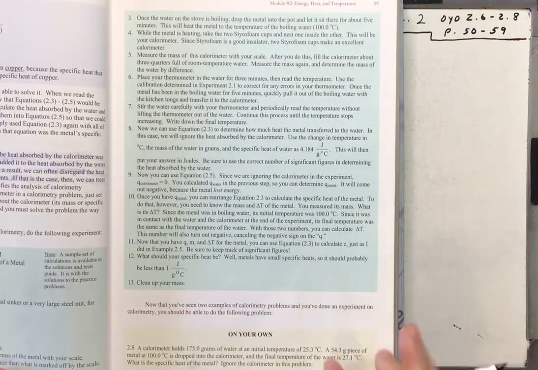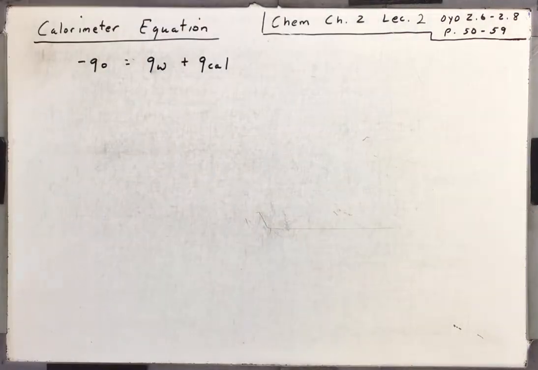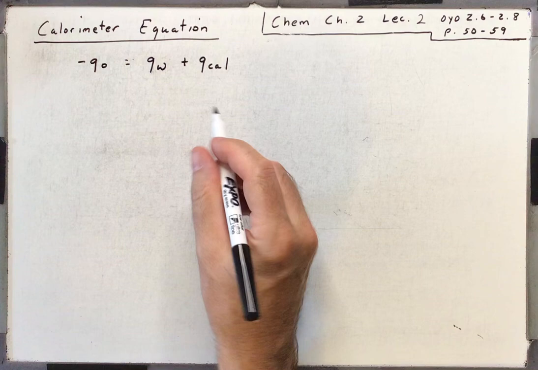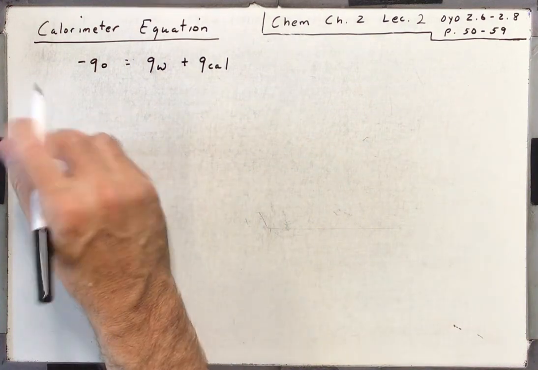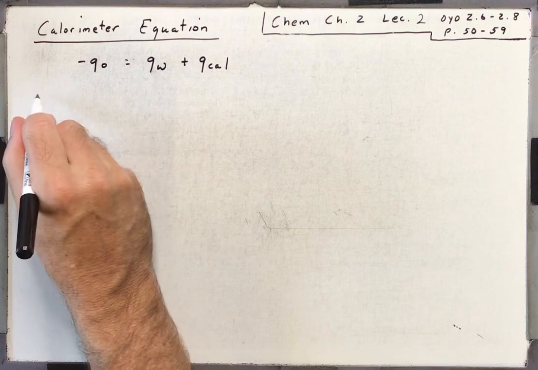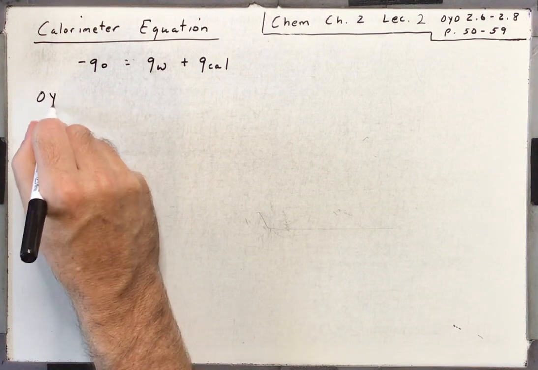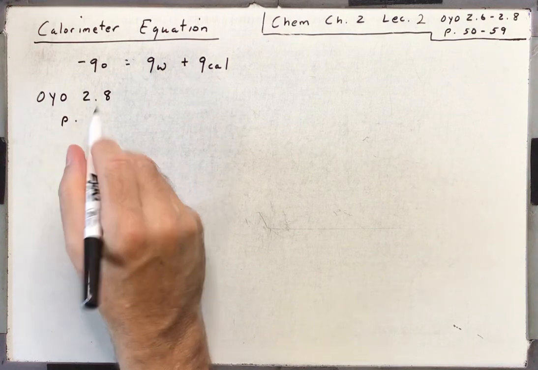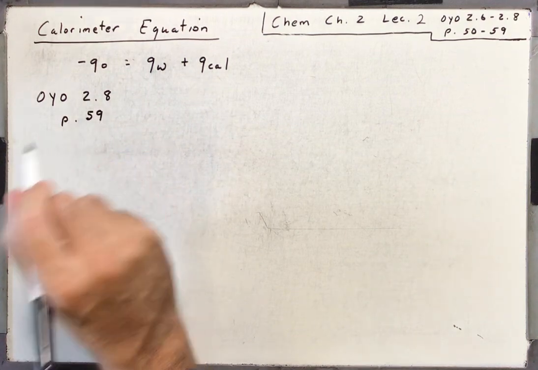That'll help you understand these a great deal. This is the most complicated problem that we've done yet. But my experience is that after you work a few of these, students get really good at them. So we're going to do on your own 2.8 at the bottom of page 59.